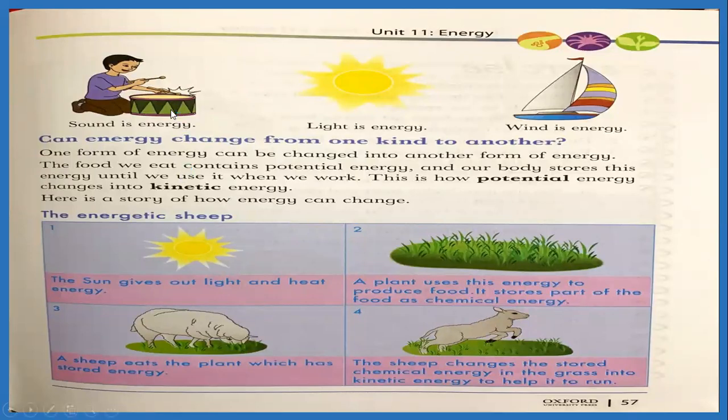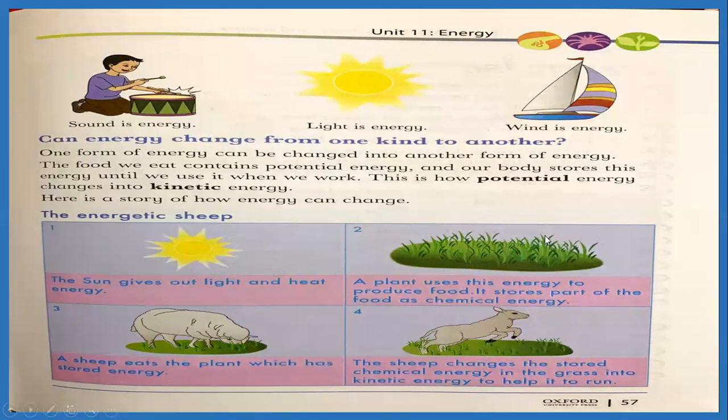Sound is energy, as I told you. When you put the stick on the drum, it creates sound, and sound is also energy. Light is energy, wind is energy. All these are types of energy. Can energy change from one kind to another?